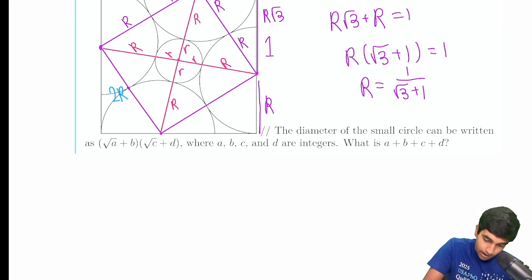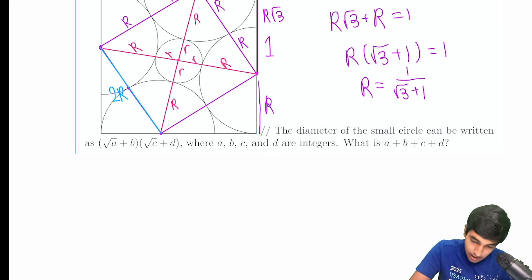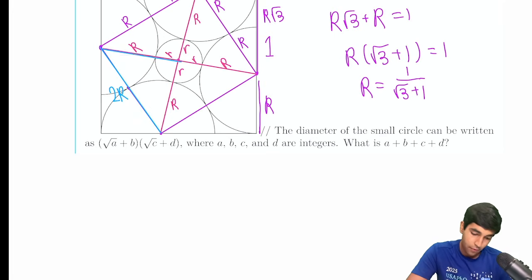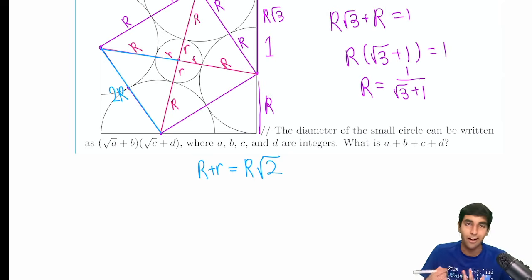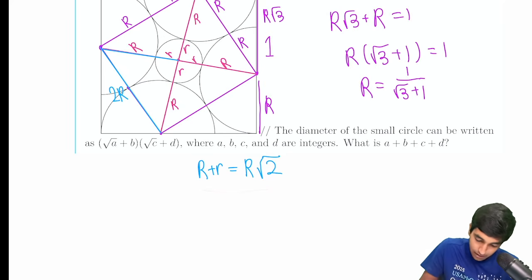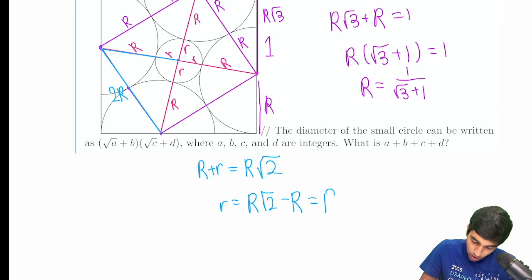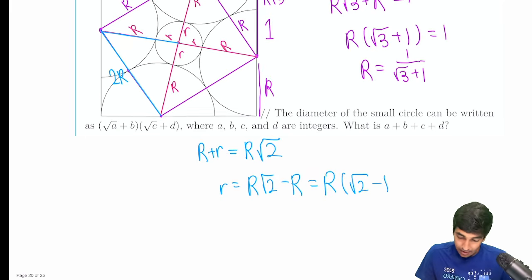This is 2R from here to here, so by 45, 45, 90 this is R root 2. It's confusing when I say R, but because this is 2R, this is big R root 2, and it's also equal to big R plus little r. So little r equals R root 2 minus R, which equals R times root 2 minus 1.